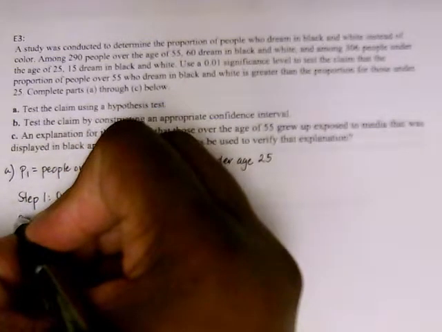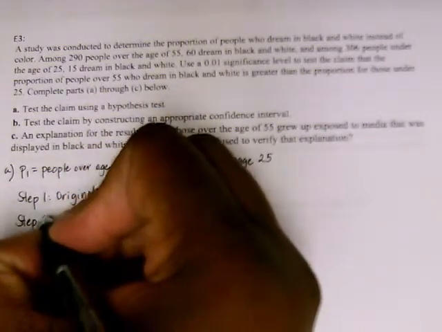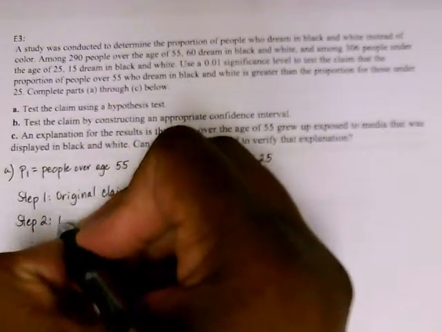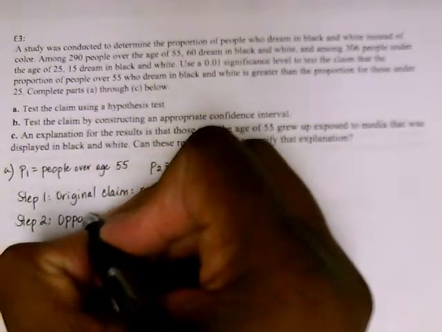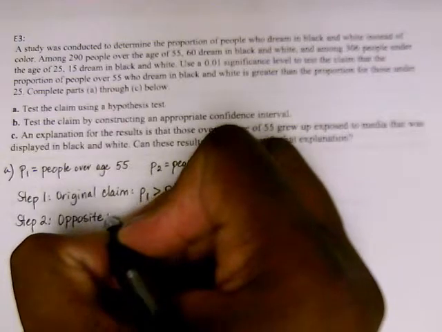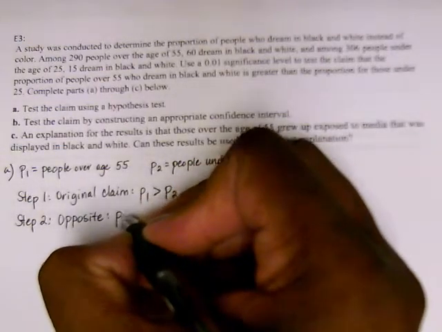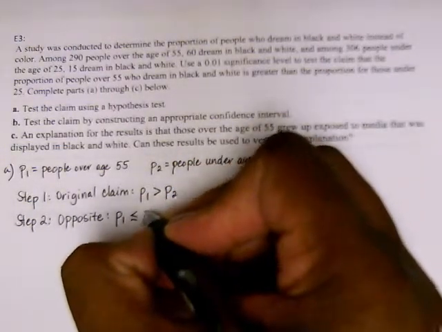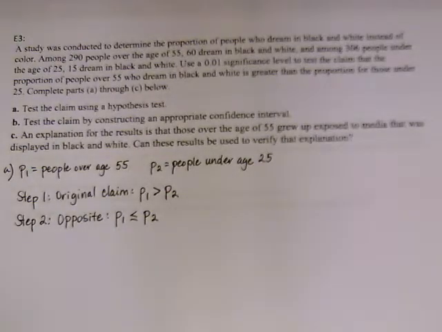Step number 2 is the opposite of the original claim. Well, the opposite of greater than will be less than or equal to. So P1 is less than or equal to P2.